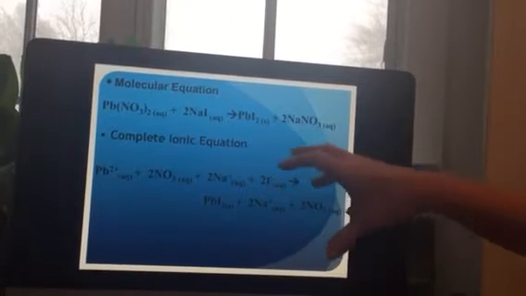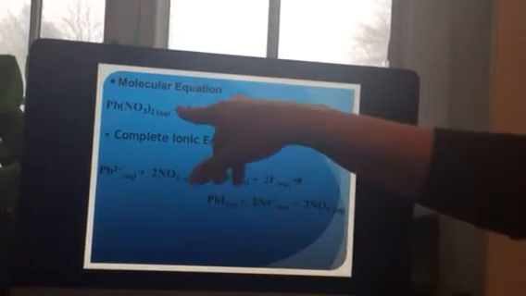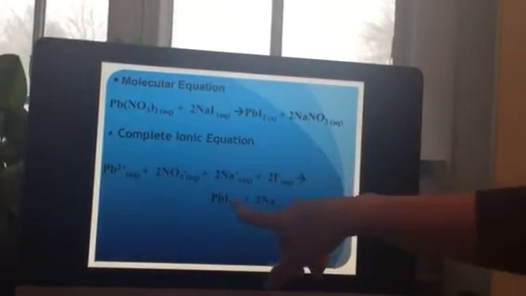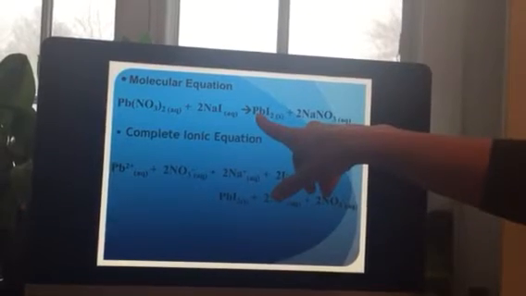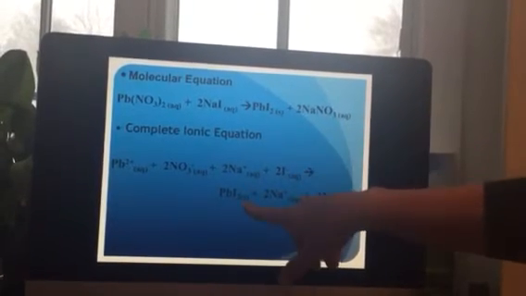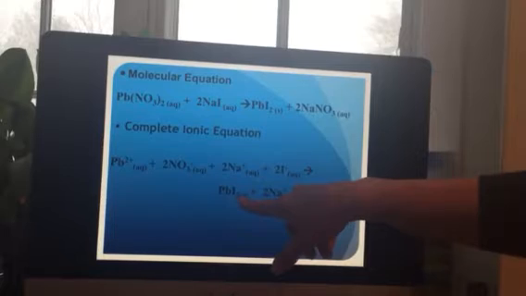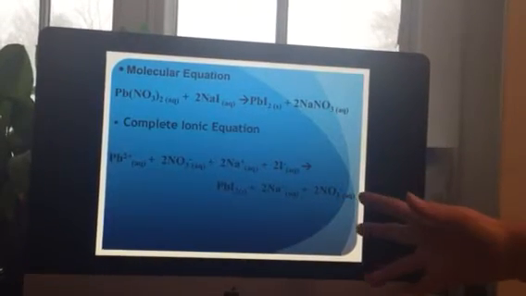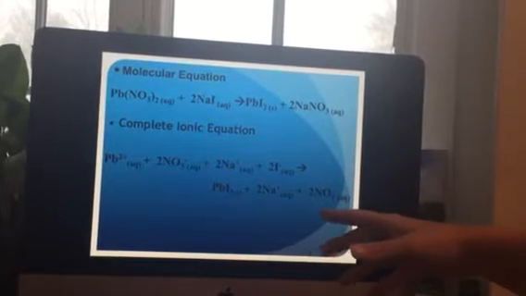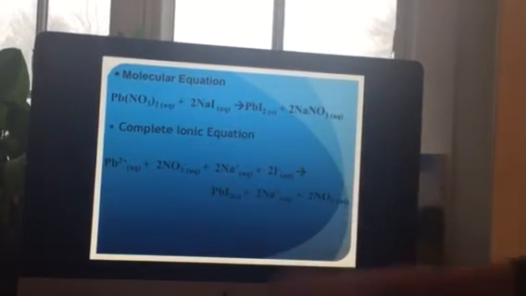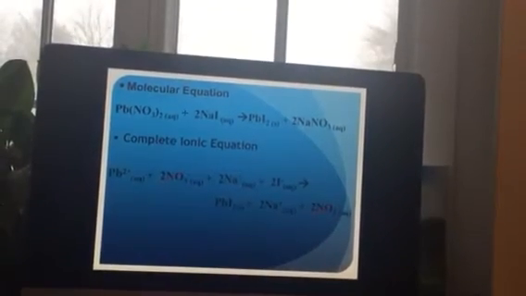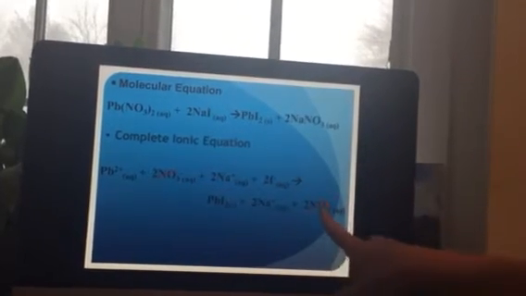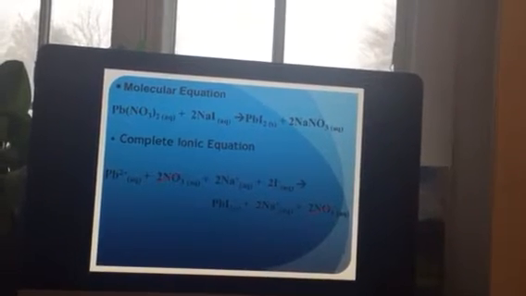But we know that two things come together, namely lead and iodide, and form an insoluble precipitate, and then sodium and nitrate aren't involved. They are spectator ions. They're the same on both sides, so let's clean this up by canceling out anything that remains unchanged on both sides.